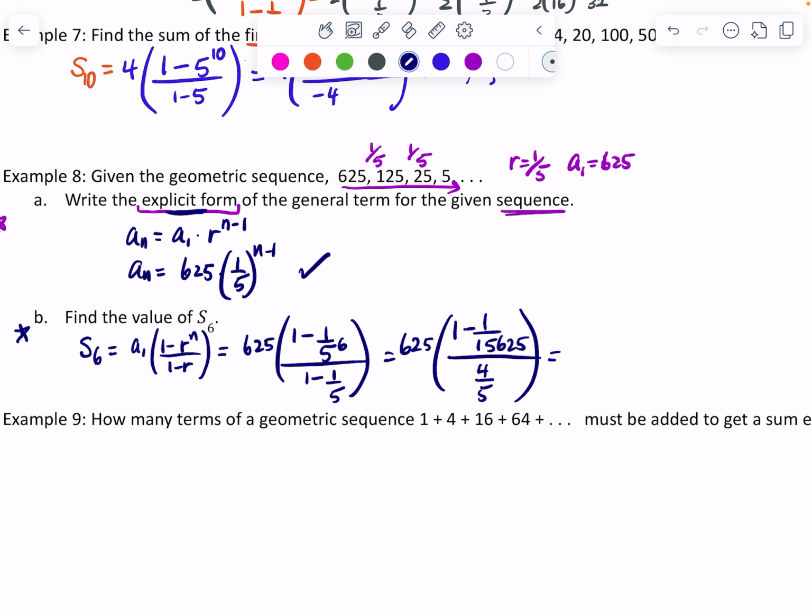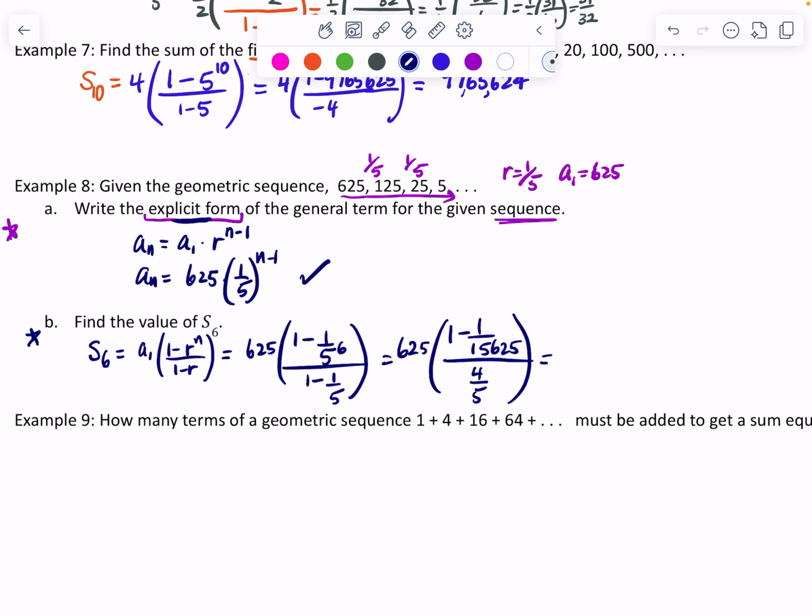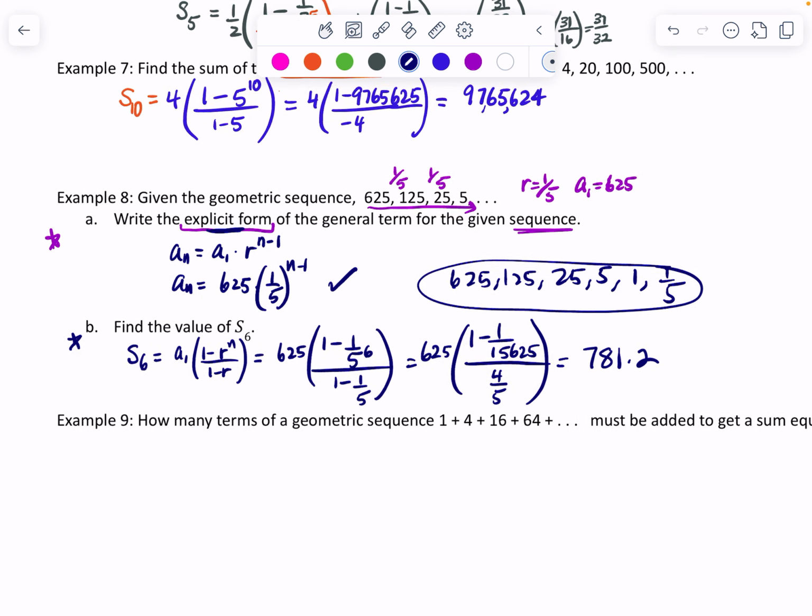That should be 781.2. That's the sum of the first 6 terms. I mean, 4 terms are already written: 625, 125, 25, 5. So the next 2 will be 1 and 1/5. So basically, when all these are added together, we get 781.2.